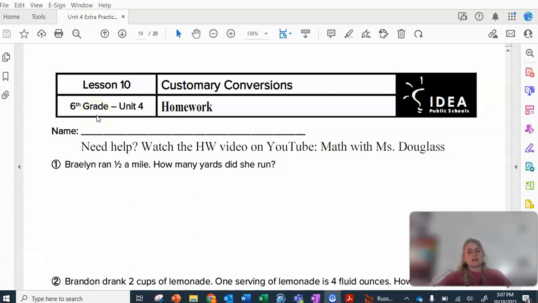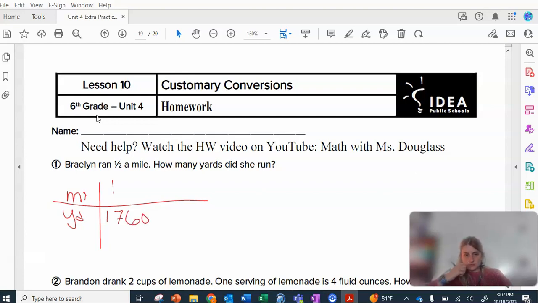Braylon ran half a mile. How many yards did she run? So we have miles, which is abbreviated MI, and we have yards, which is abbreviated YD. If you look at your reference sheet, then you will see that 1 mile is 1,760 yards.